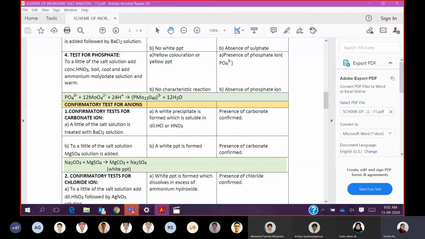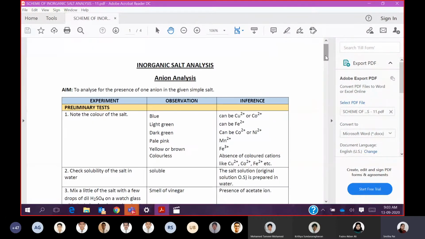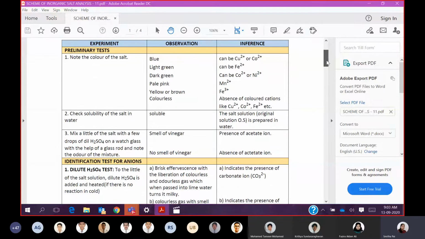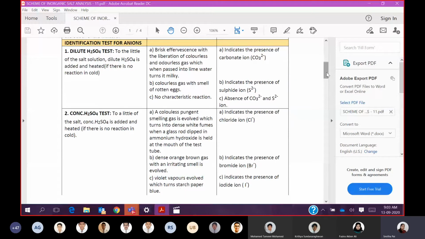Now you can watch the video on acetate. So first, let me just start again. So preliminary, you need to note the color of the salt. You have to check whether the salt is soluble. Then you will be mixing the salt with dilute H2SO4, followed by concentrated H2SO4.